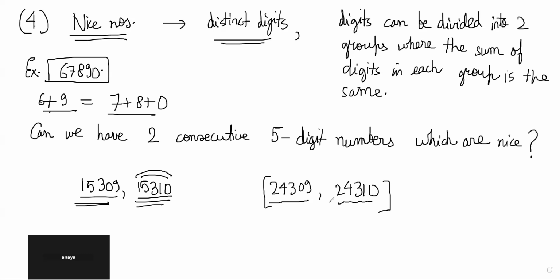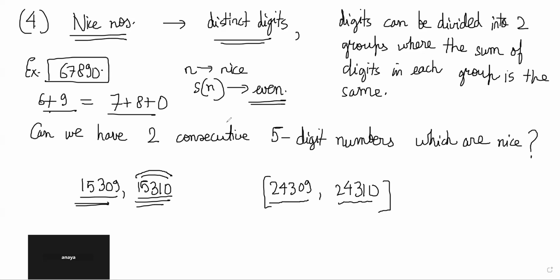One thing to notice here, first of all, is that if n, which is our number, if n is nice, then the sum of digits of n will be even. Why? Because there are two groups in it which have the same sum, right?